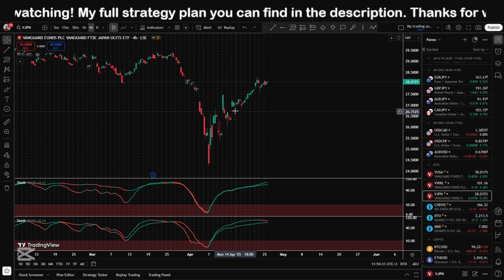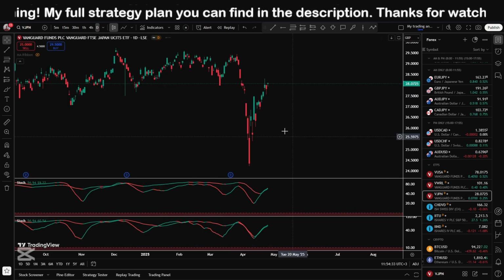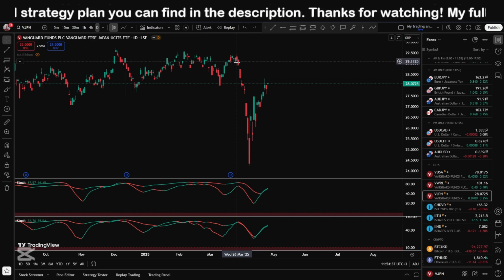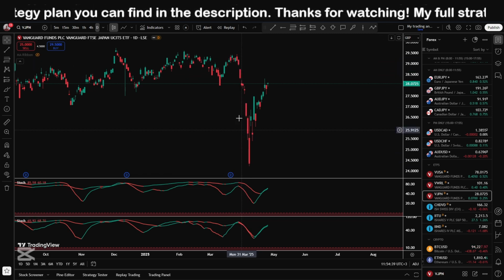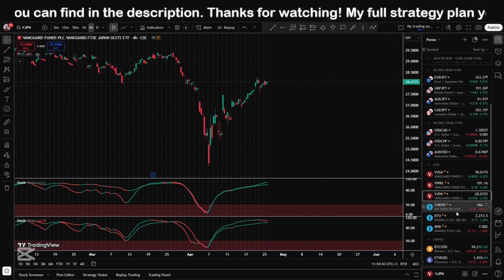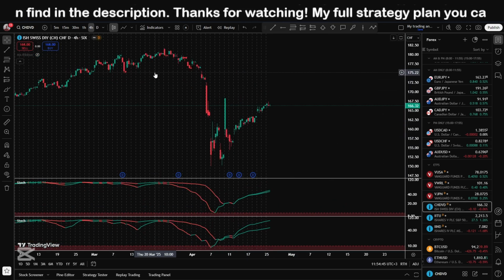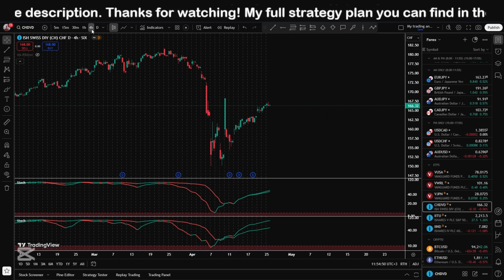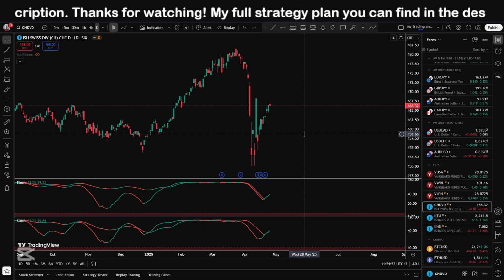You can see strong uptrend at the moment after this very strong and deep downtrend. Swiss ETF, same story, and here from the 4-hour and from the daily.